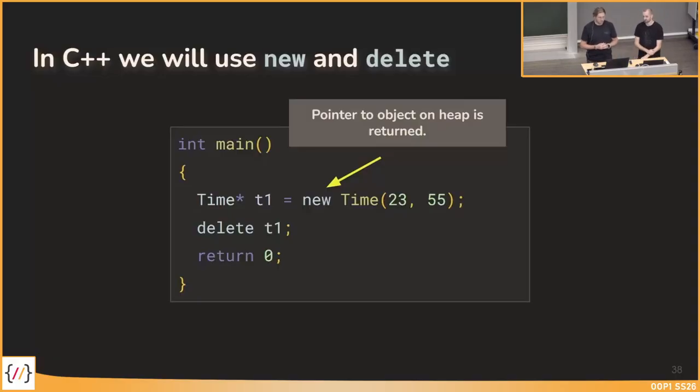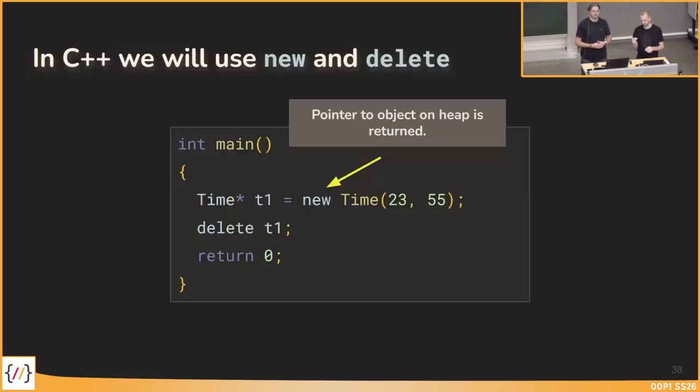I think it's easier because with malloc we always allocated bytes. So we had to define, like, 3 times the size of whatever object. In this case here with new, we can directly create the object using the constructor, and with this new keyword it is just constructed or created on the heap.